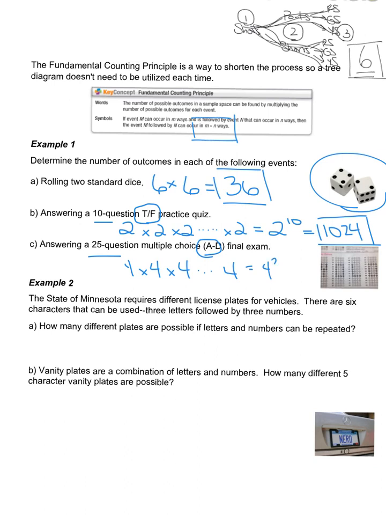We're answering 25 times, and we wind up with 1.26 times 10 to the 15th. And with some of our counting, you guys, we will need to use scientific notation, and that's perfectly a-okay.